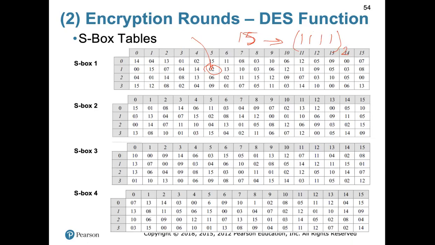So in a 4-bit space, we can have all zeros all the way to all 1s. All 0s represent 0, and all 1s represent 15. That's why we say SBoxes return a 4-bit data.